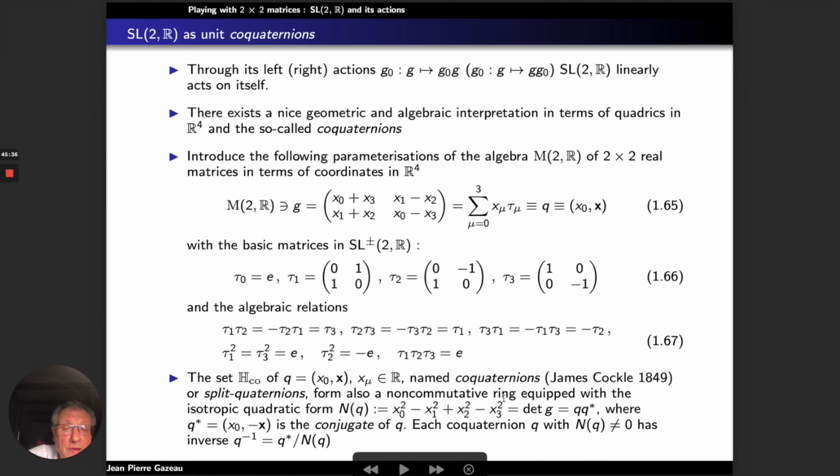x2 squared minus x3 squared, and this is equal also to the determinant of G here.